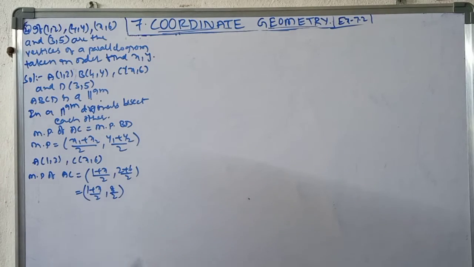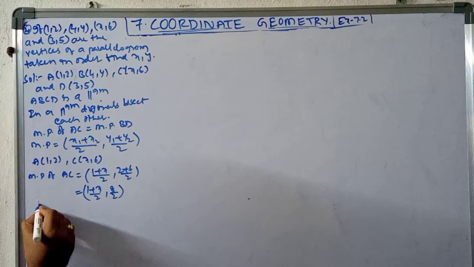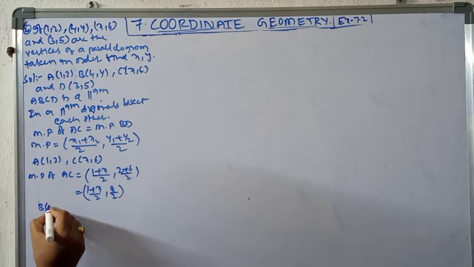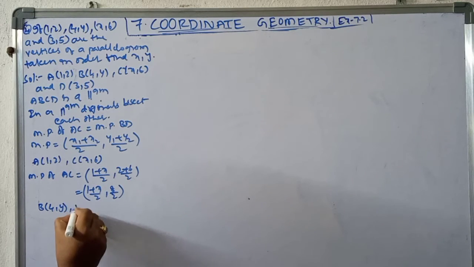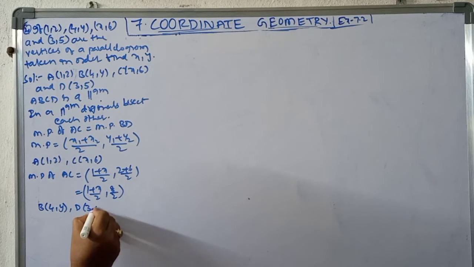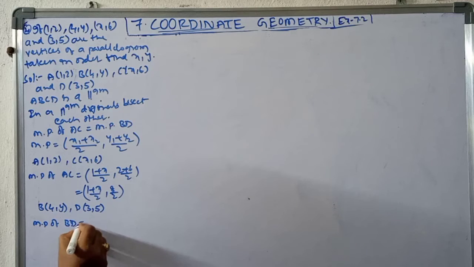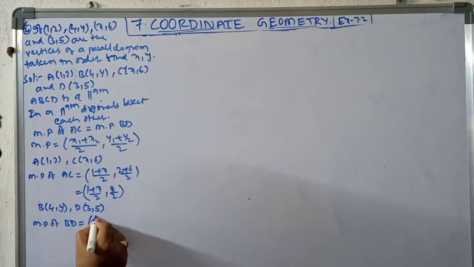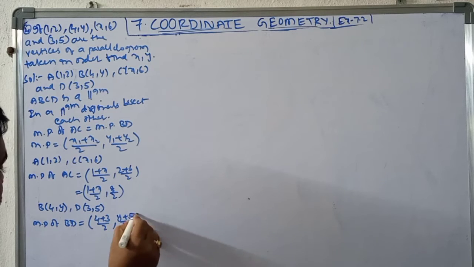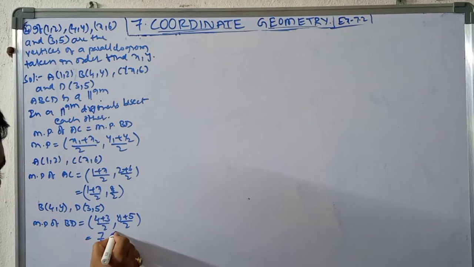I don't want to cancel, simply like that. So B equal to 4 comma y, D equal to 3 comma 5. Midpoint of BD equal to 4 plus 3 by 2 comma y plus 5 by 2, equal to 7 by 2 comma y plus 5 by 2.